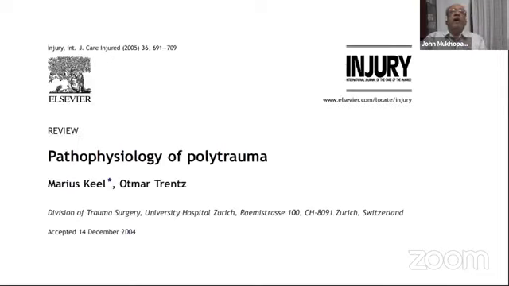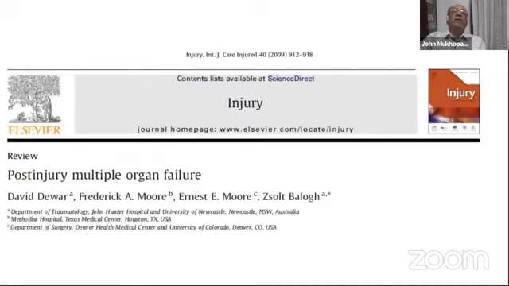So there are a number of good articles on this. I'll just go through some of the papers that have looked at the pathophysiology of polytrauma. This is from Trentz, who's from Zurich. It's another study with Moore and Moore from Denver, who have done a lot of work. Moore was a general trauma surgeon, and they did a lot of work on the pathophysiology of trauma.